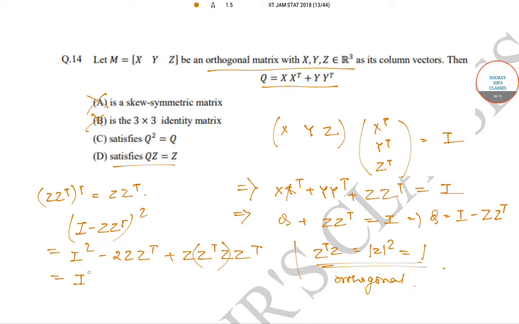So this is I squared minus z z transpose minus z z transpose plus z z transpose, as this thing in the middle vanishes, so one of them gets cancelled. We are left with I minus z z transpose, which is equal to Q. So Q squared equal to Q is the correct answer, and C is our correct answer.